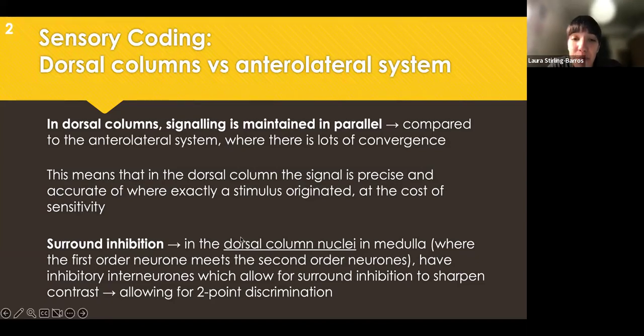And the importance of the dorsal column nuclei in the medulla is that once the information gets up there, there are some inhibitory interneurons which allow for surround inhibition. What that means is that if there is a signal in the middle, then the ones on the outside will be inhibited just to have a crisp edge. And this helps with two-point discrimination.